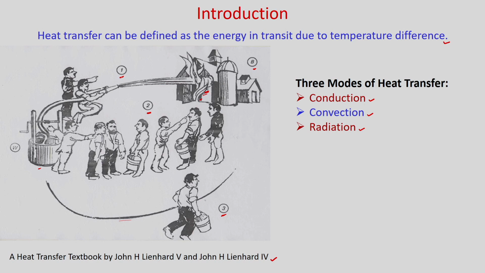In the first mode, they are not moving, just directly putting the water. In the second mode, this group of people are passing the bucket to the next and trying to extinguish this fire, and in the third way, the person himself is taking the water and running to this building and putting the water on the fire.